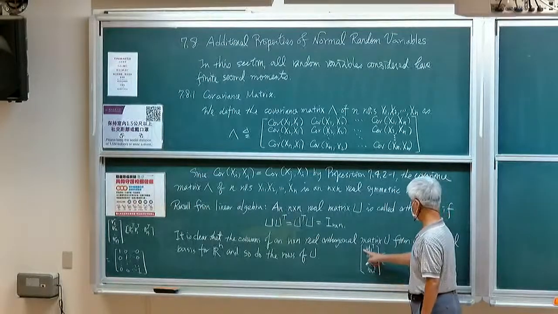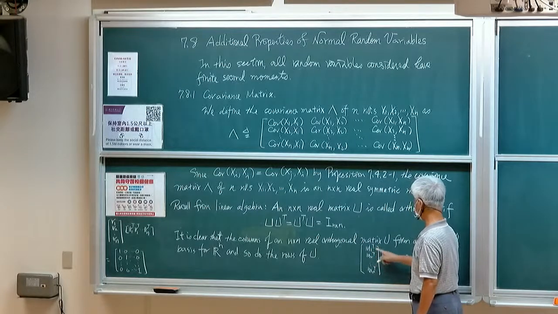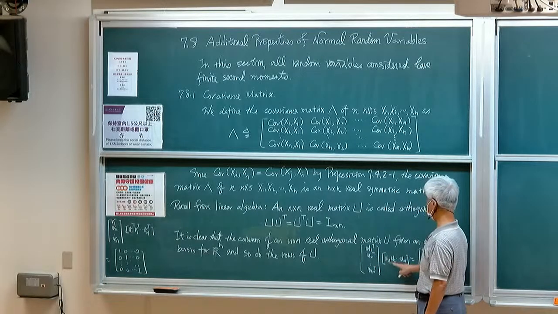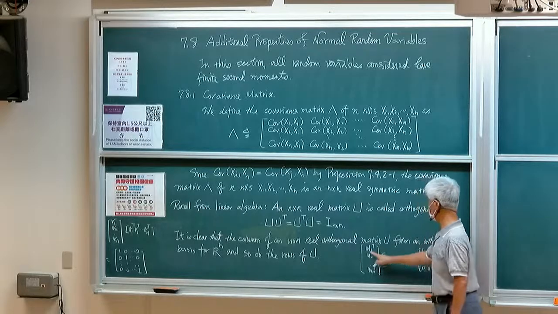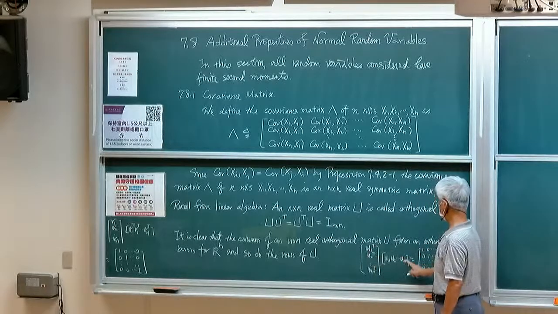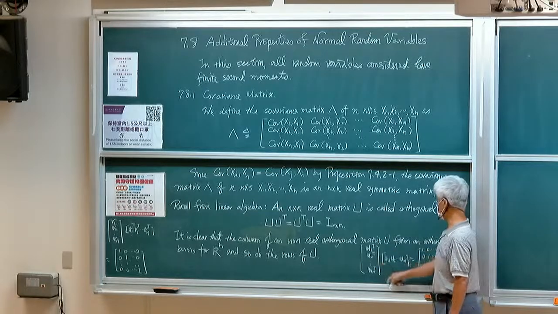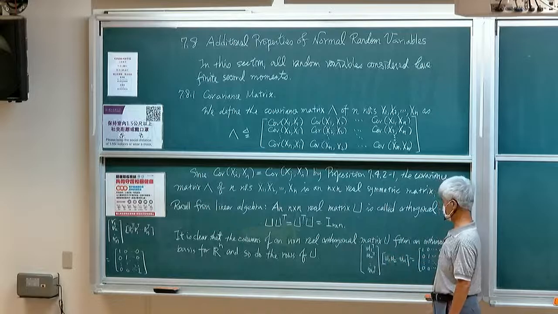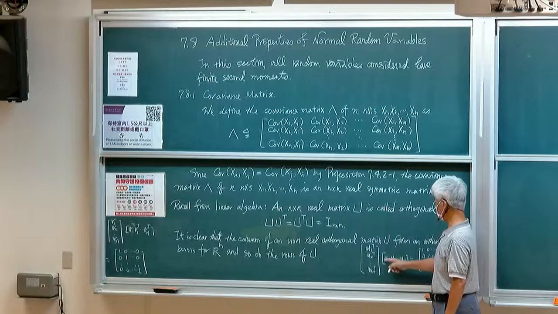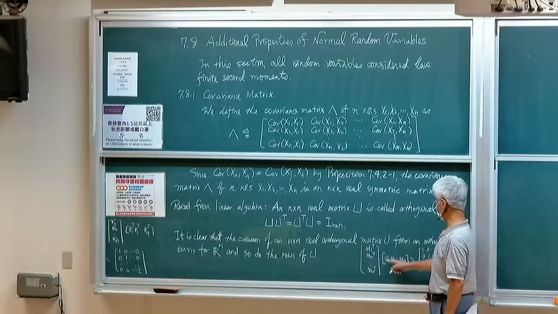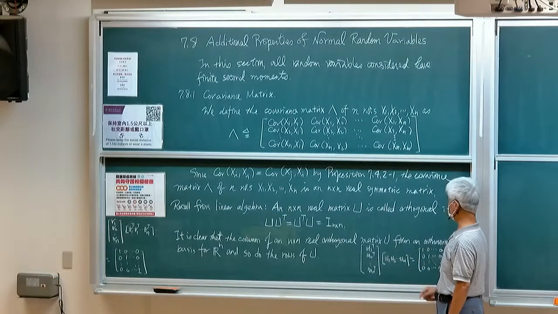You see U1 transpose times the second column is 0, U1 transpose with the last column is 0. So different columns are orthogonal to each other. And for each column, U1 transpose times U1 is just the square of the norm of U1, and it's equal to 1.